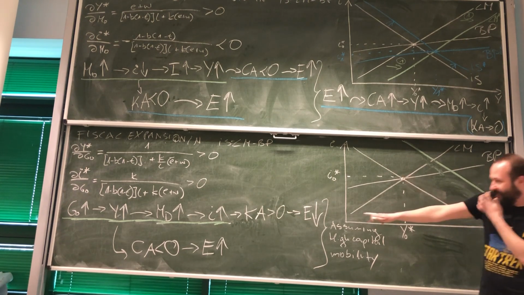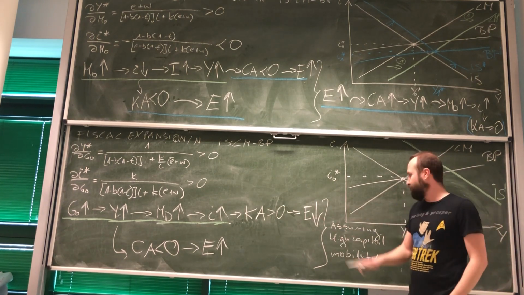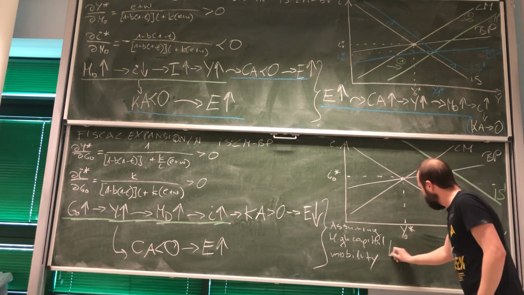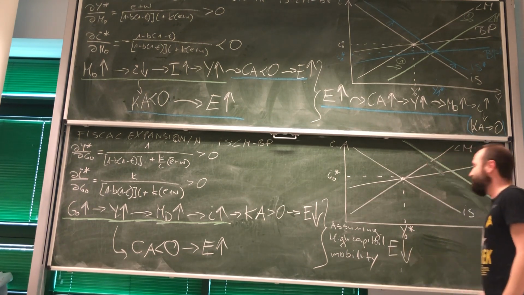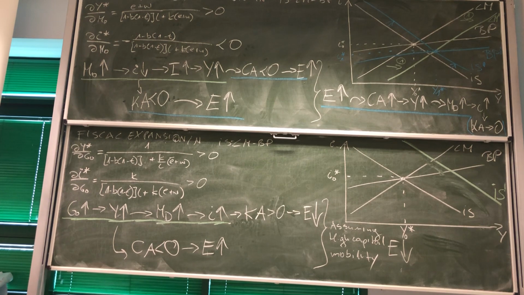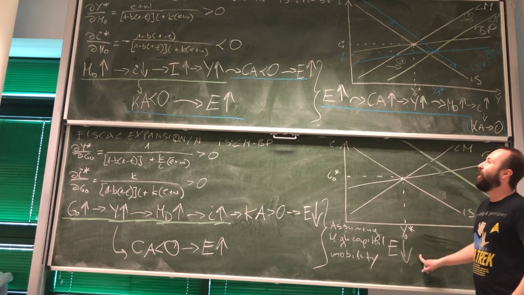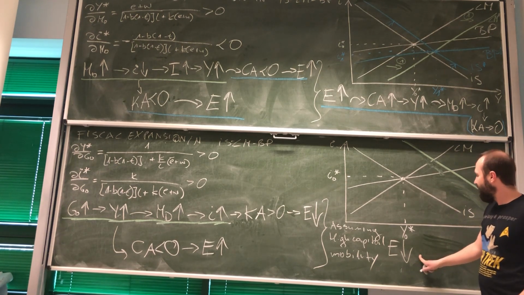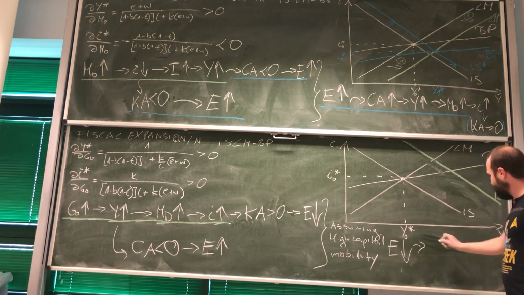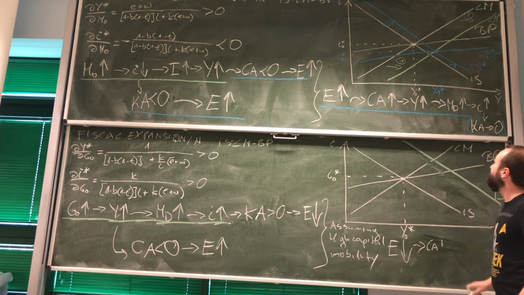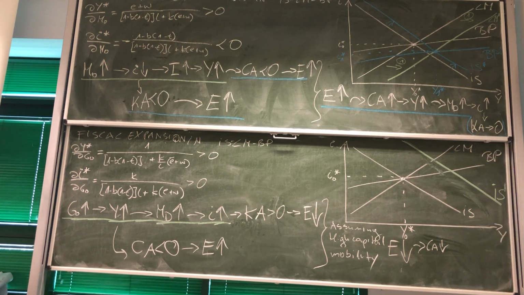And look, if this is the case, under our assumption, it means that our currency actually appreciates. And if our currency appreciates, so it's increasing in value, it means that current account worsens, right?